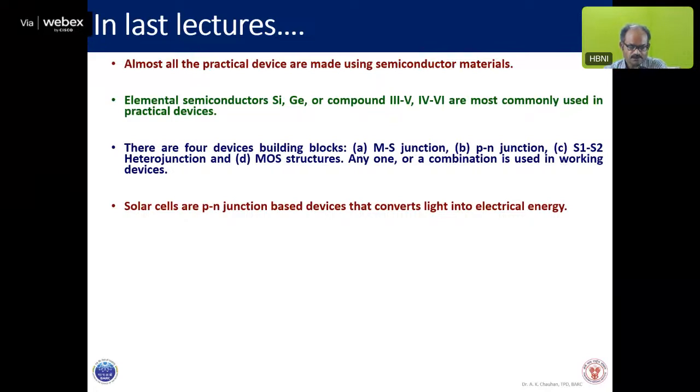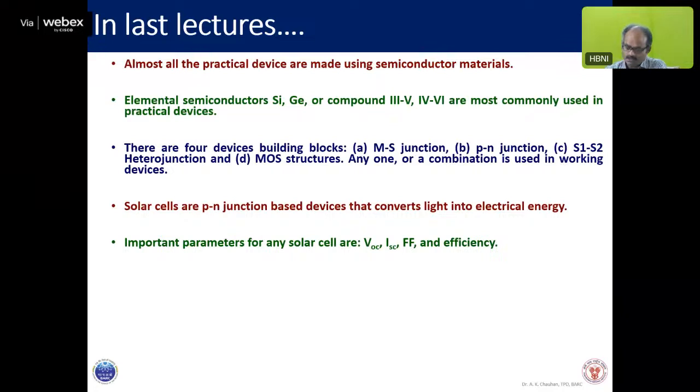Then we saw solar cells are typically PN junction based devices and they convert light into electrical energy. The important parameters for any solar cell are open circuit voltage. What is open circuit voltage? When you are not drawing any current, whatever is the maximum voltage generated by the solar cell is called open circuit voltage.